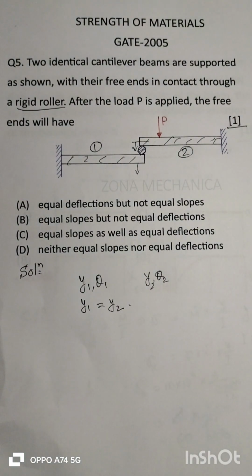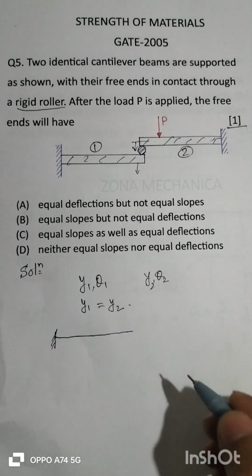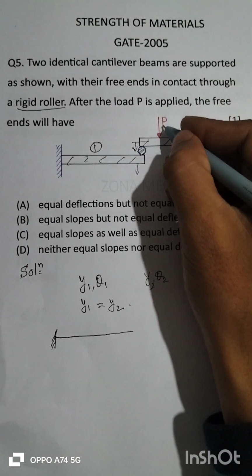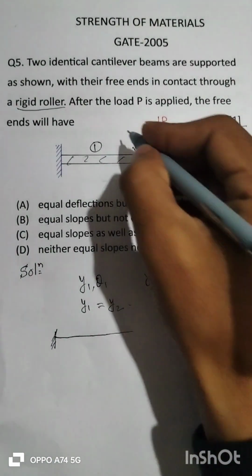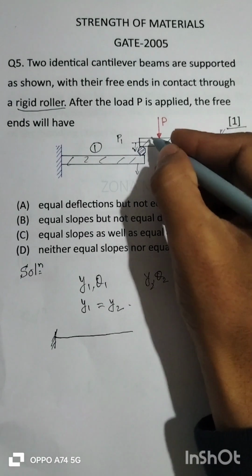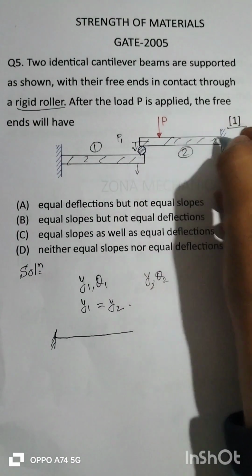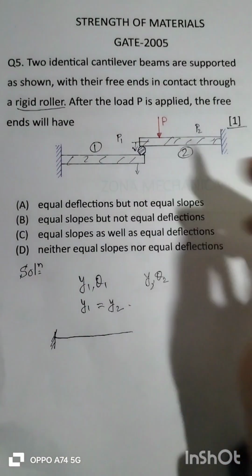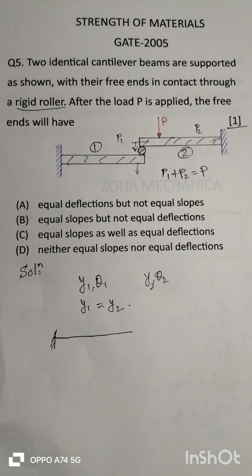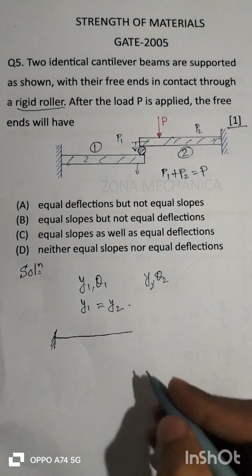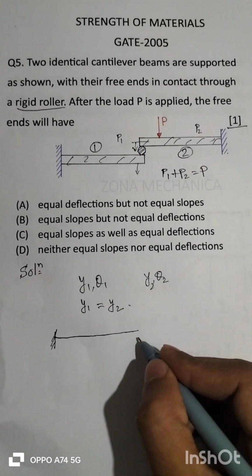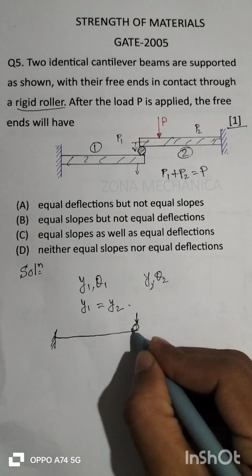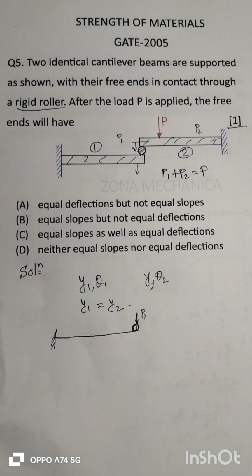Now the slope. Let this be beam number 1. Clearly this P will be divided into two parts. Let P1 be transferred to beam number 1 and P2 be carried by beam number 2, so P1 plus P2 is equal to P. For beam number 1, clearly it's a cantilever beam carrying a concentrated load at the free end, P1.